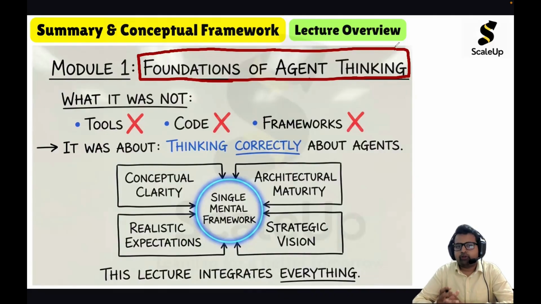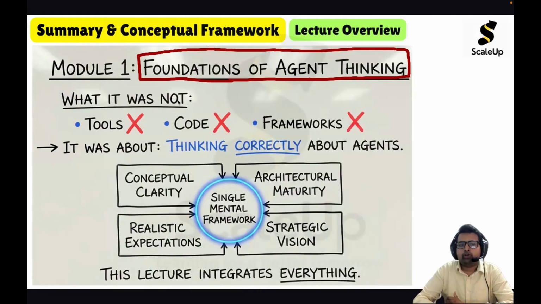When you will be building an agentic AI application, it will be a completely new mindset, because an agentic AI application is very different from the traditional applications which we have been developing for decades. So there is a need for a shift in the mindset, and this module will help you in building the foundations of agent thinking. So this module was about that.